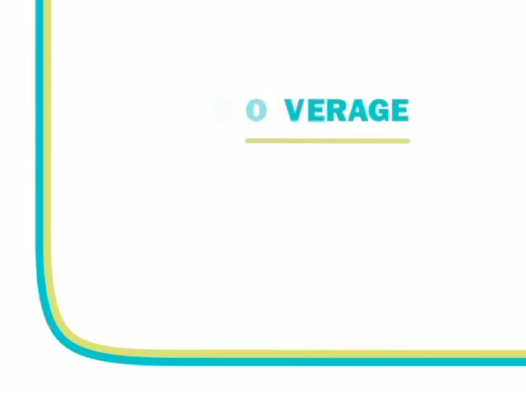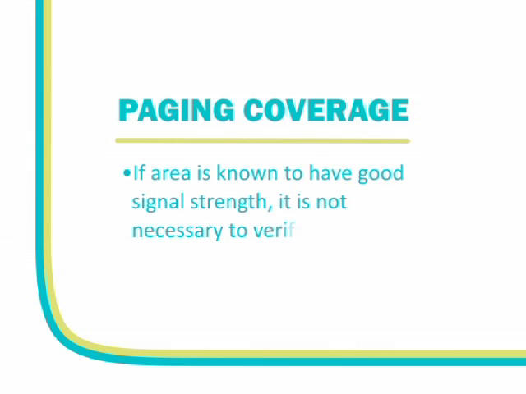Before beginning the pre-qualification process, it may be necessary to verify paging coverage. This will ensure that the smart thermostat receives a paging signal from the local utility provider. If installing a smart thermostat in an area that is known to have good signal strength, it is not necessary to verify paging coverage.